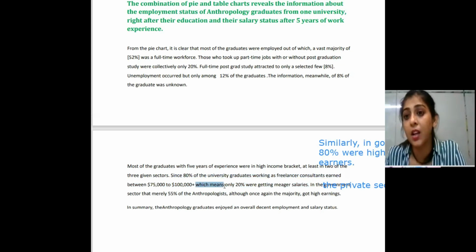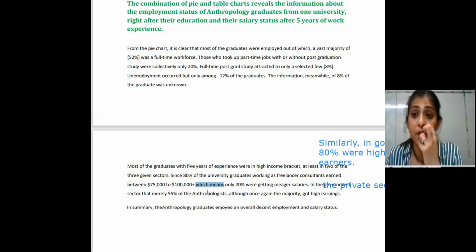And this is the compound sentence because this sentence has two parts, and those two parts have their own individual subjects and their own predicates. Got it?